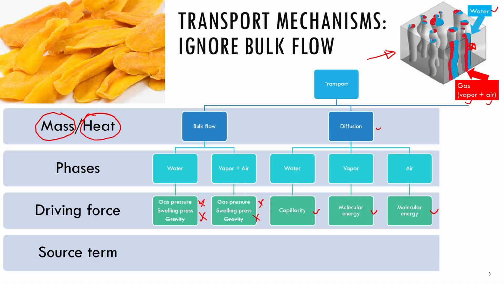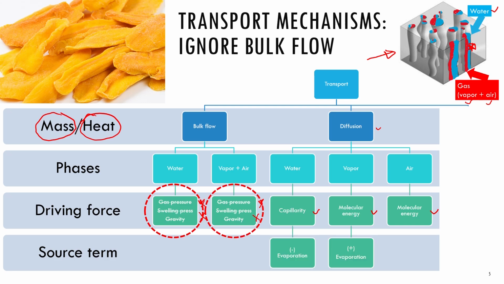We then get into the source term, and the source term is due to evaporation. So for water, you have a negative term because we're losing water by evaporation. And then for vapor, we have a positive term because it's generating vapor.